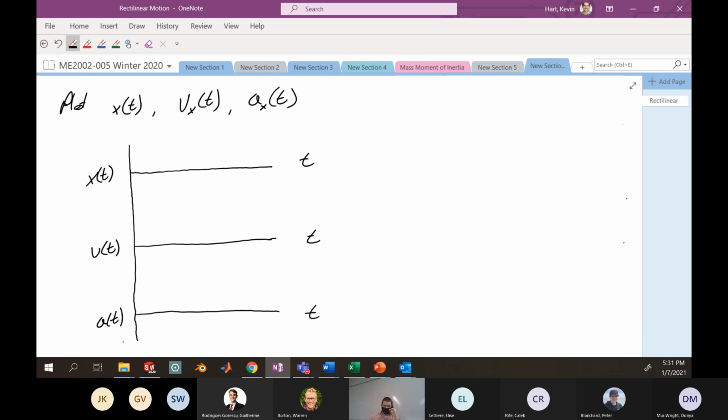Almost without fail, when I teach this class, the first time that I draw the position x as a function of time, it confuses people because we have the x position of our particle on the y-axis of this graph, which is a little bit strange to think about. But what we're doing is plotting the position of this particle as a function of time.